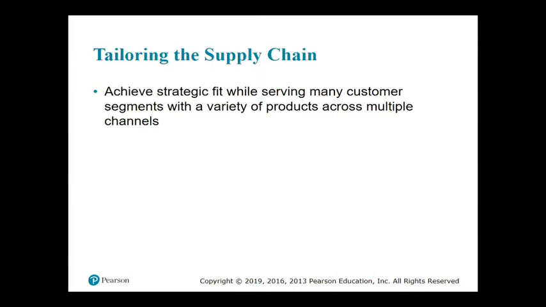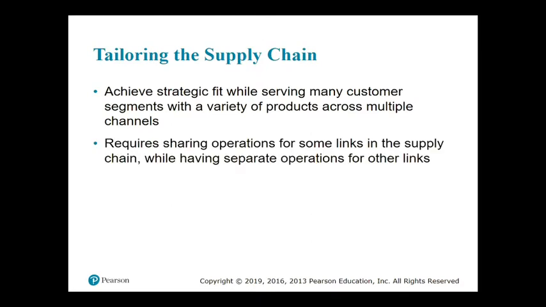So these are to basically serve different segments of customers, and they have vastly different supply chain structures. And going back to the example of Zara, some basic products with stable demand, they may serve with an efficient supply chain, whereas highly volatile demand is served with a responsive supply chain.